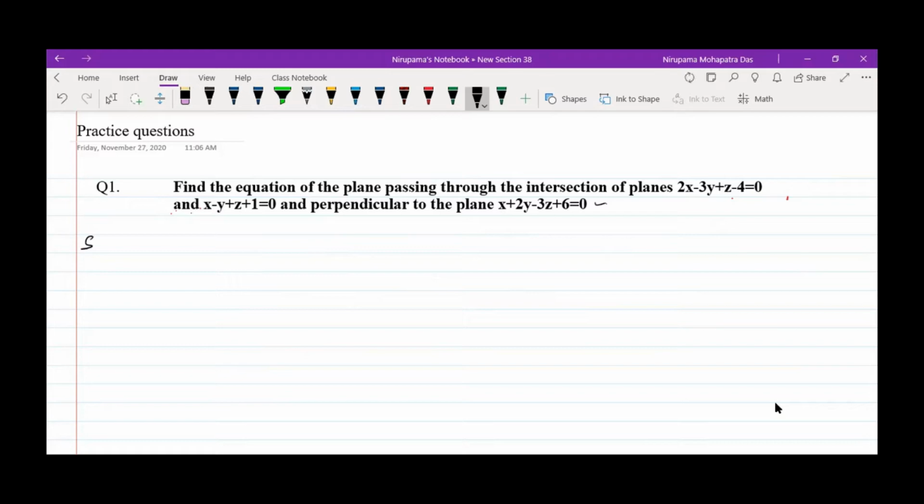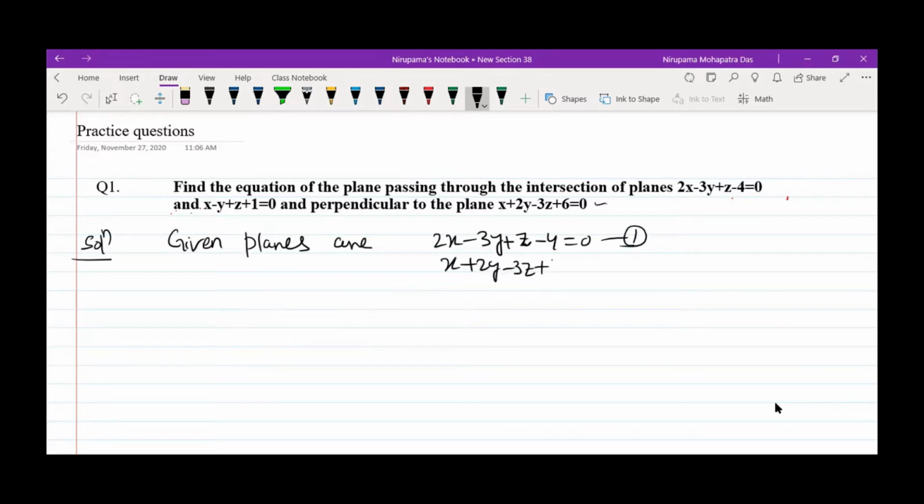Let's solve it. The given planes are 2x minus 3y plus z minus 4 equal to 0, and x plus 2y minus 3z plus 6 equal to 0.